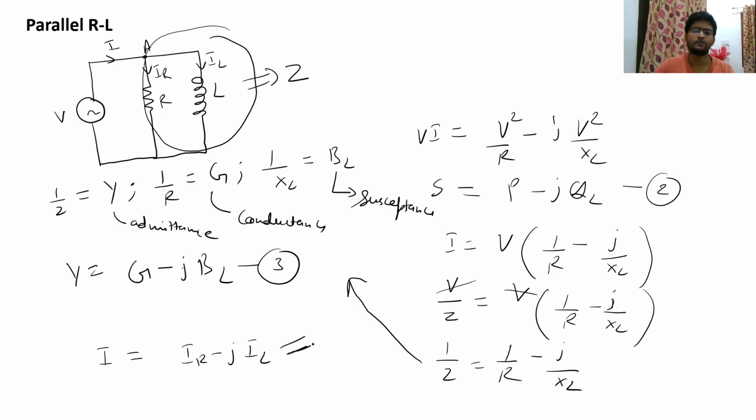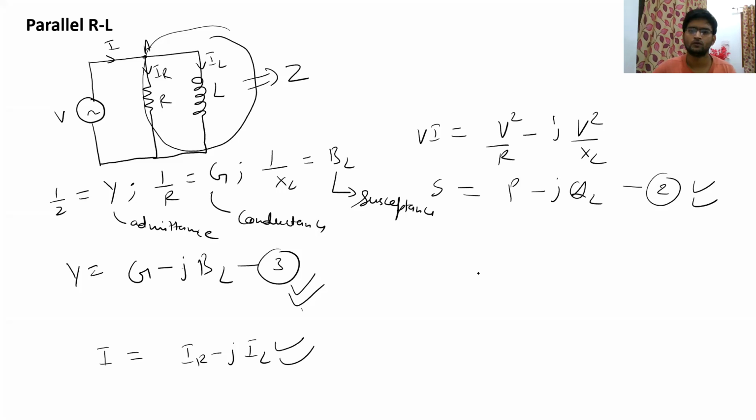So from this equation and this equation, can you say, is there any similarity? Yes, the phasor diagram for all three equations is going to be the same. So let us draw the phasor diagram.